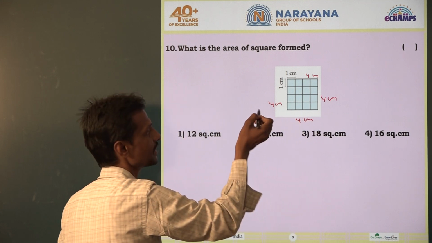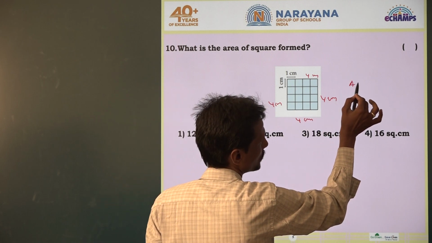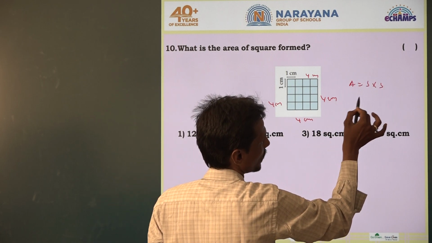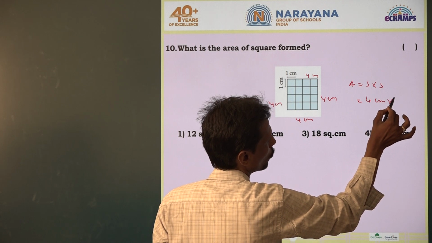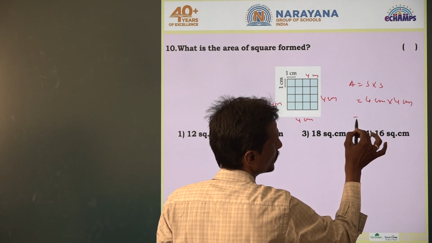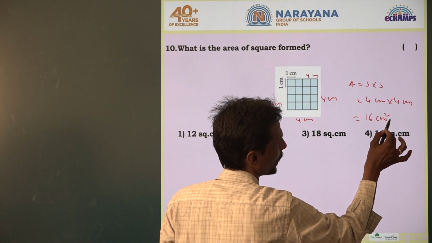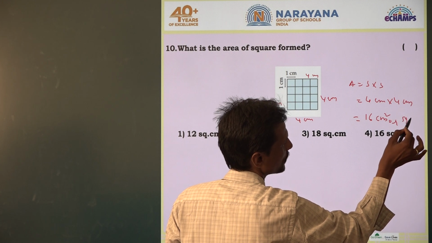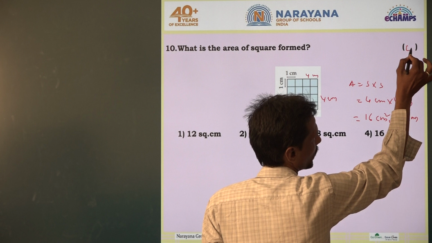So what is the area of this square? Area of a square is equal to side into side is equal to 4 centimeters into 4 centimeters is equal to 16 square centimeters. So here the fourth option is the correct answer.